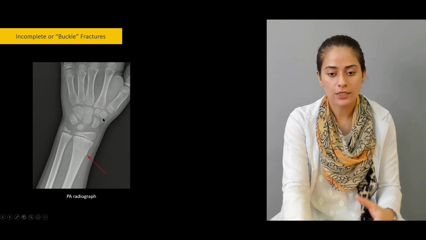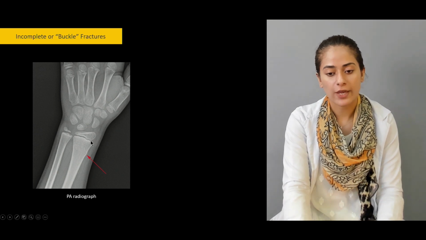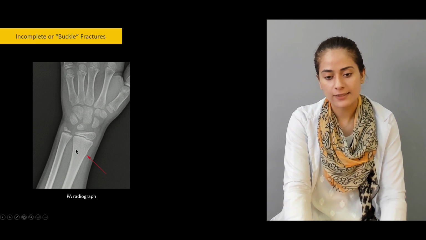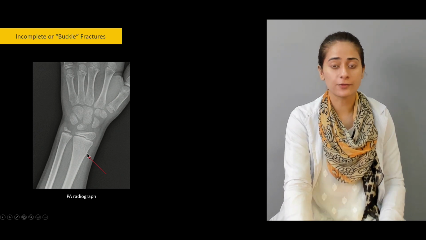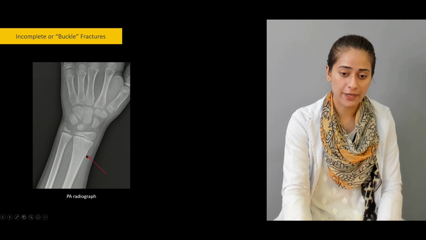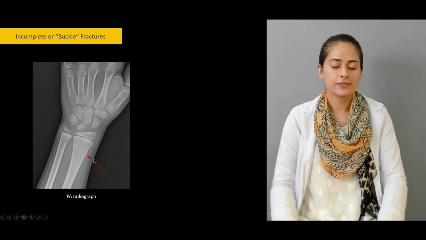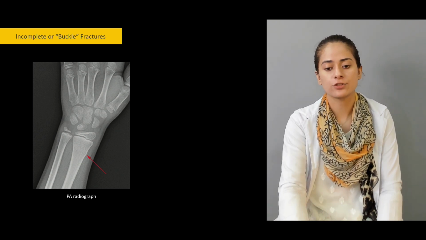So this is a kid who is below the age of 12, and there is no complete ossification yet, and this is the buckle fracture. So what happens here is there is a bend and an incomplete fracture line here. So this is how the buckle fracture appears on radiograph.